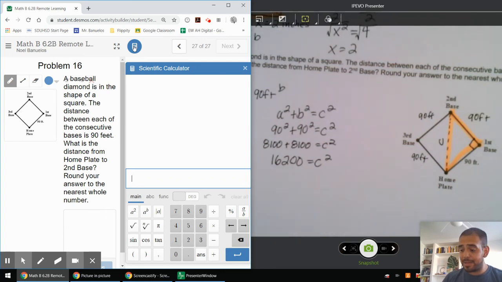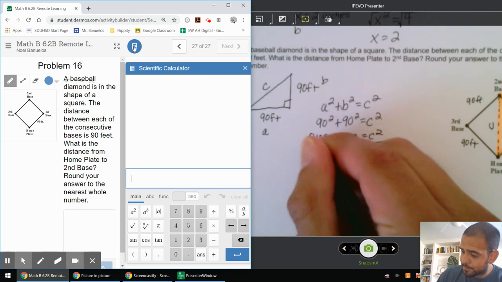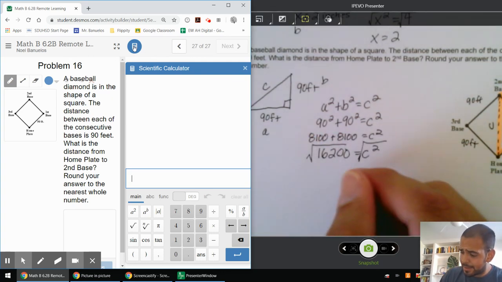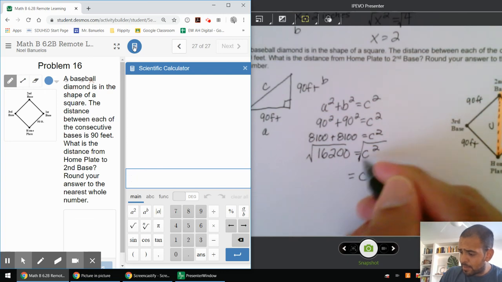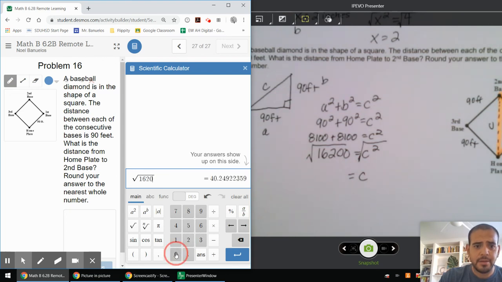So we need to take the square root of both sides, because I need to find the side length. The square root of C squared, they're inverse operations, so they cancel each other out. I'm left with C, and I'll type it in here. The square root of 16,200 is, I'm going to round to the nearest tenth.